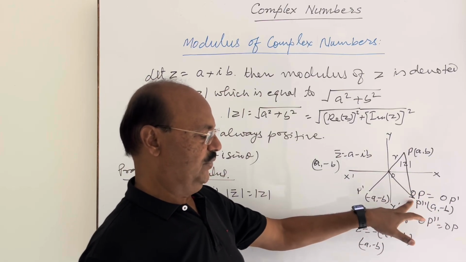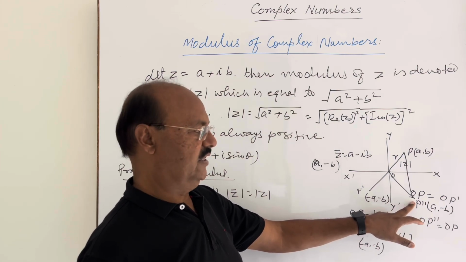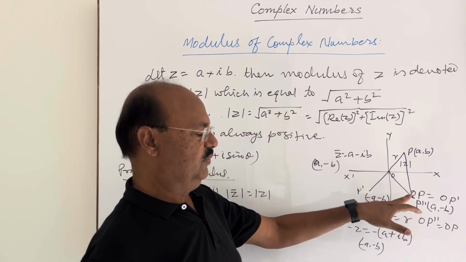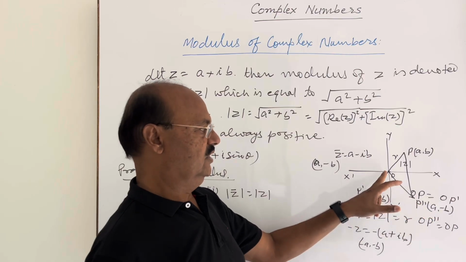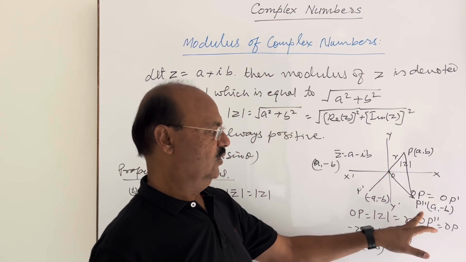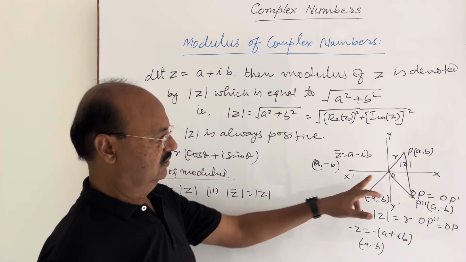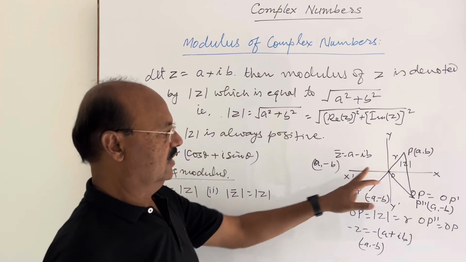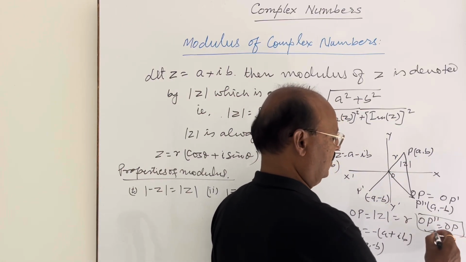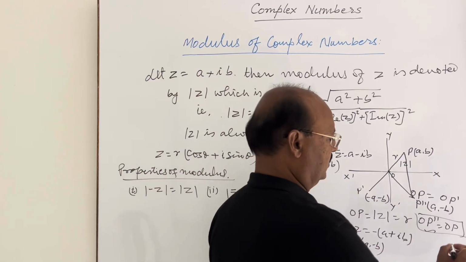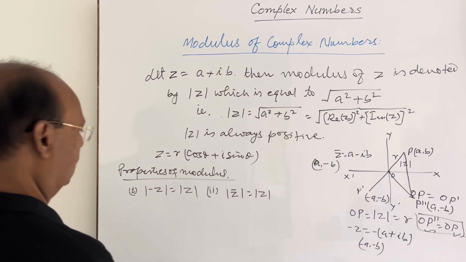So P double dash is the reflection of this point P with respect to x-axis. So distance OP is equal to distance OP double dash. So modulus of z bar is equal to modulus of z. This is modulus of z bar, OP double dash, and this is modulus of z. Both are equal, correct?